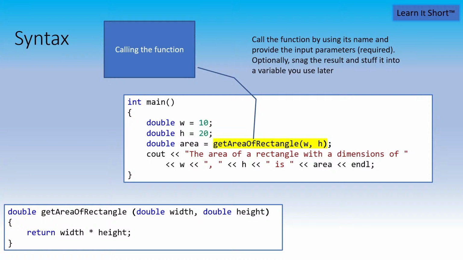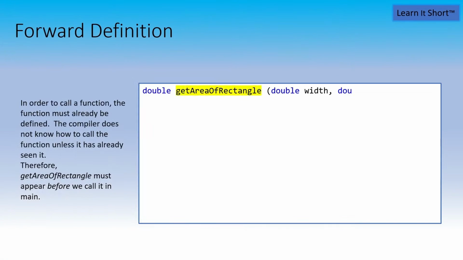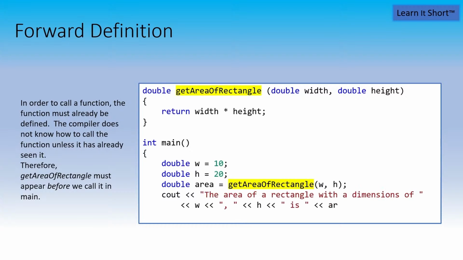Now, the function that we're calling must appear before the actual function call. So in our code, if I really looked at how this was implemented in main, the function getAreaOfRectangle appears before main. The compiler encounters the getAreaOfRectangle function before we call it.